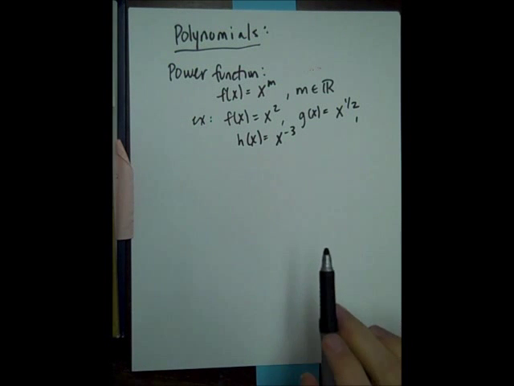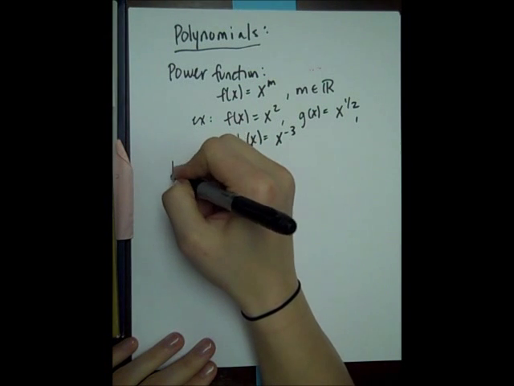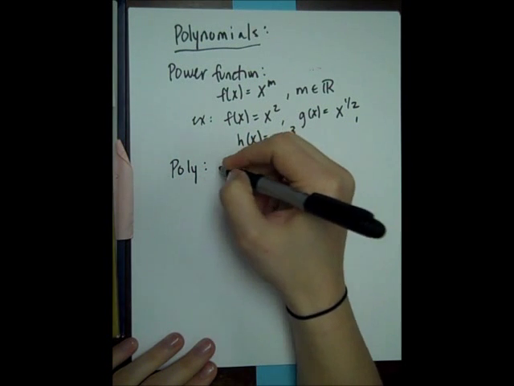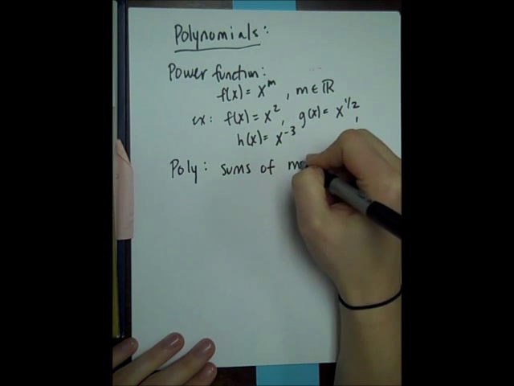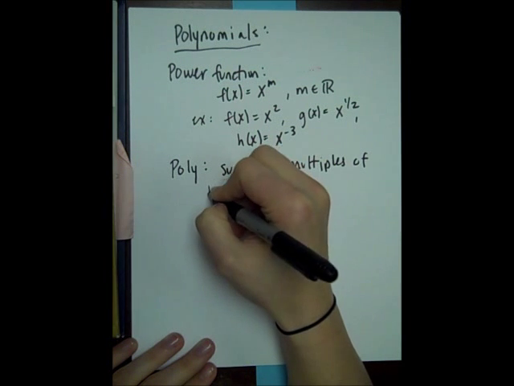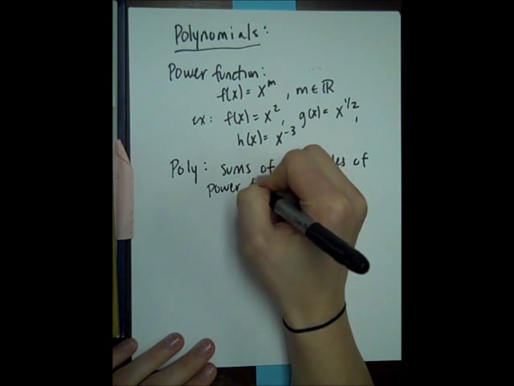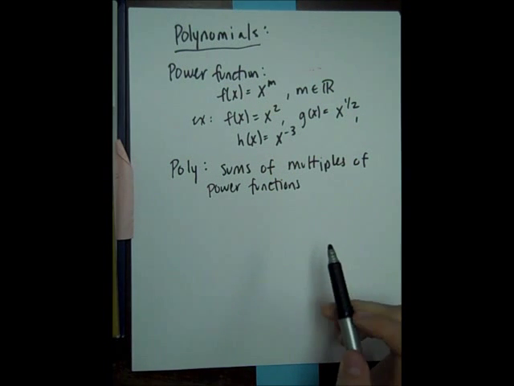A polynomial is where I take special power functions, add them together, or I could multiply and then add them together. So a polynomial, these are sums of multiples of power functions. But I don't want to say any type of power function.